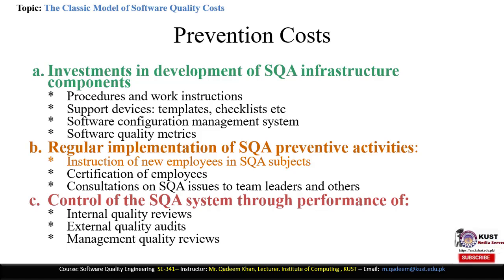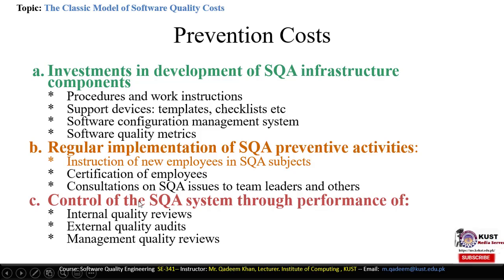This includes instruction of new employees in SQA projects, meaning training the new employees, their certification, and consultation on SQA issues to team leaders and others. If certain team leaders and other members are used as consultants for software quality assurance, then the cost occurring on these is called the regular implementation of software quality assurance prevention cost.